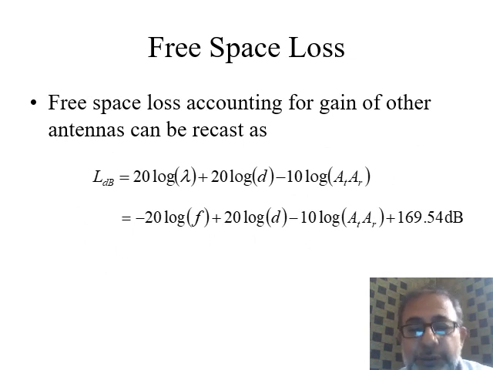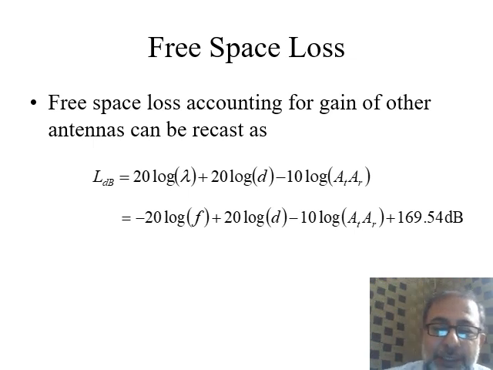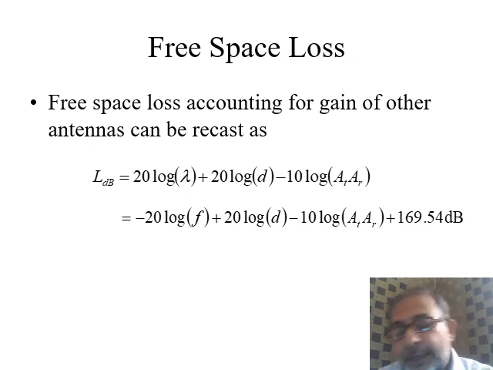This can also be converted into the dB form, and we get 20 log of lambda plus 20 log of d minus 10 log of At into Ar, effective area of the transmitting antenna and effective area of the receiving antenna.